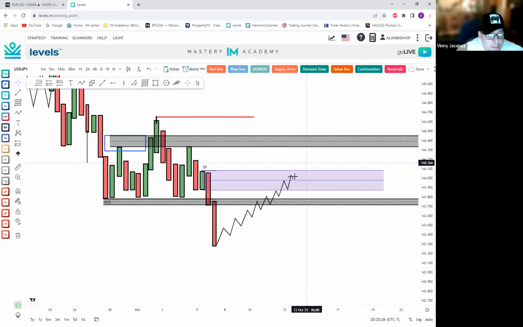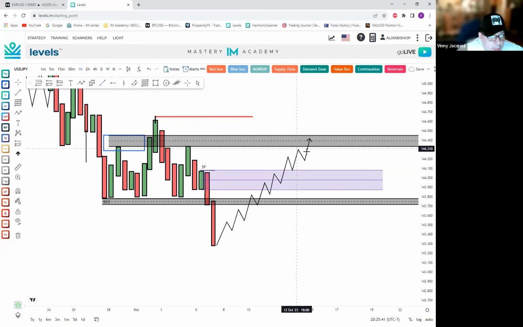Same thing goes for our right shoulder, right? If market doesn't respect any of these things, it's just gonna keep going. Boom, it touches. Where's my closest pullback? Right here. So we could just delete these. They weren't even respected, right?